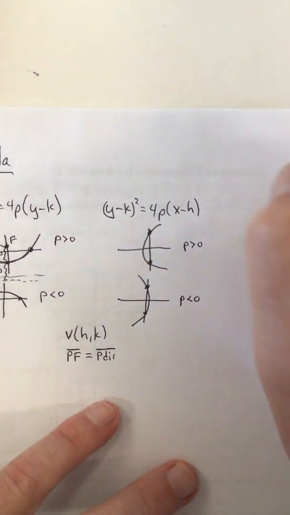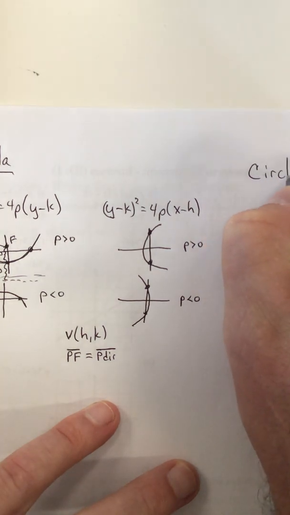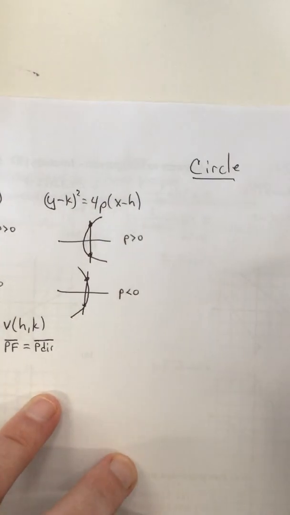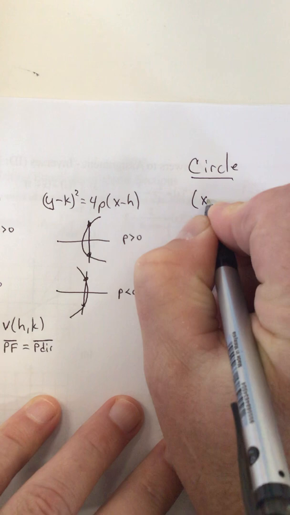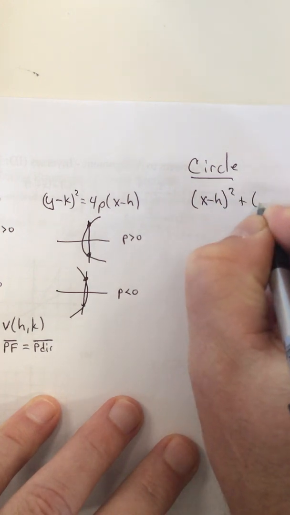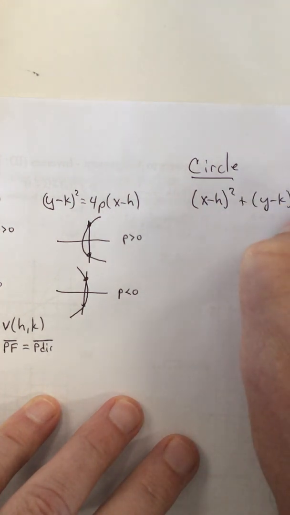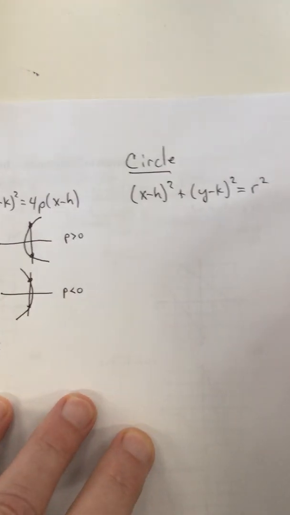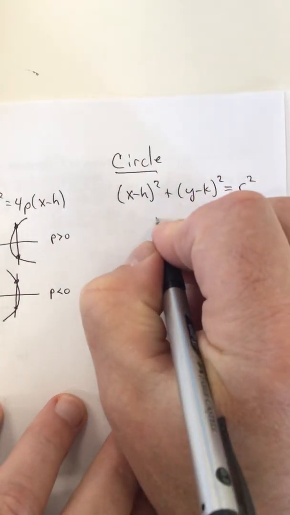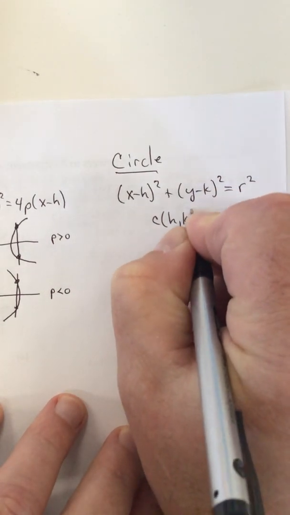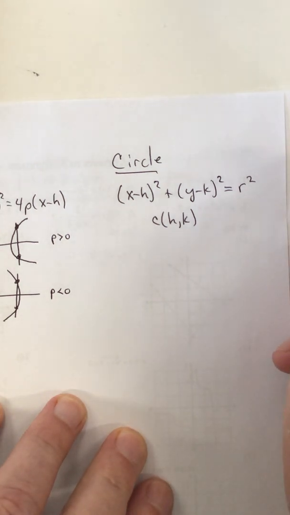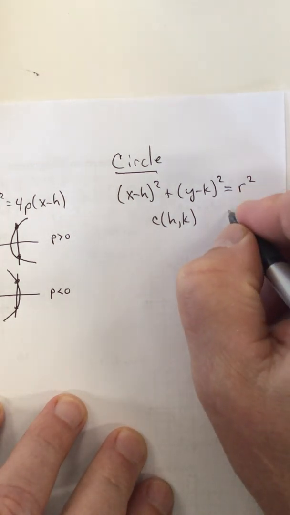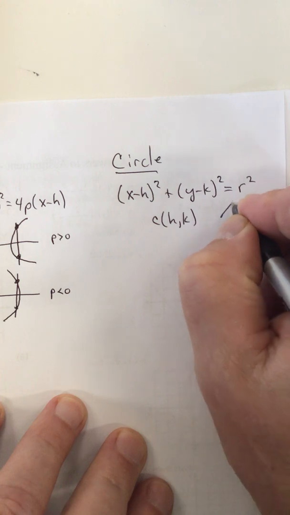Okay, then we went on to a circle. This is probably the easiest one. Circles are (x − h) all squared plus (y − k) all squared equals the radius squared. So again, the center is at (h, k). And the radius is just the square root of that.